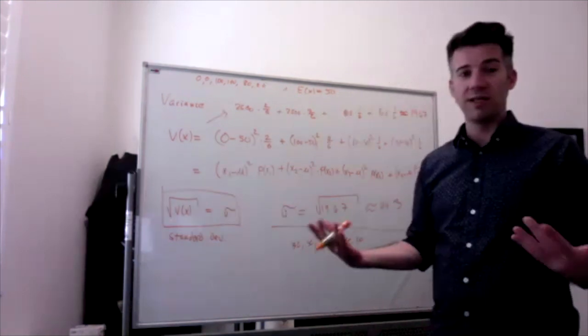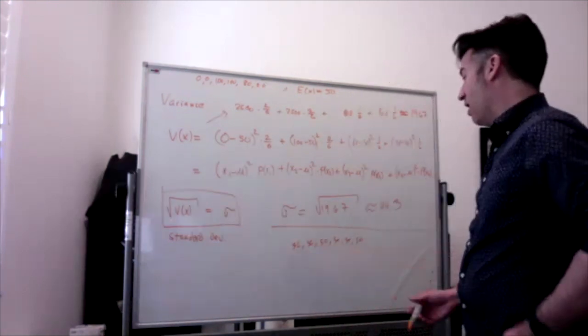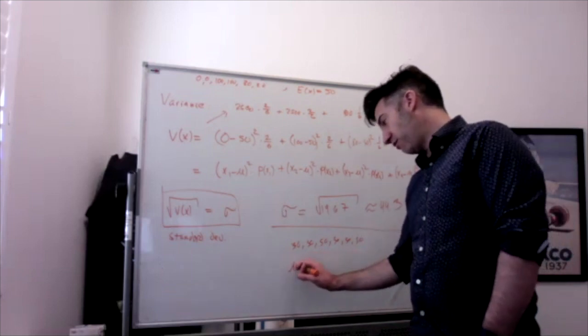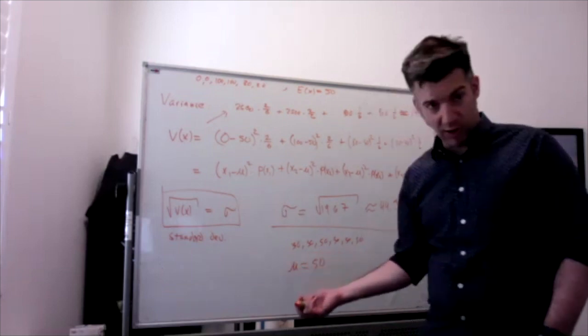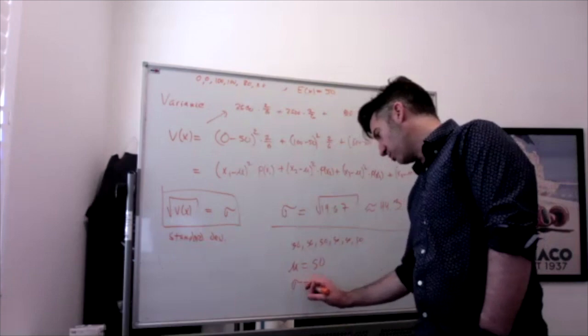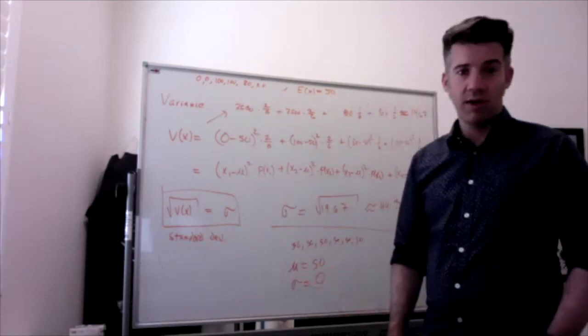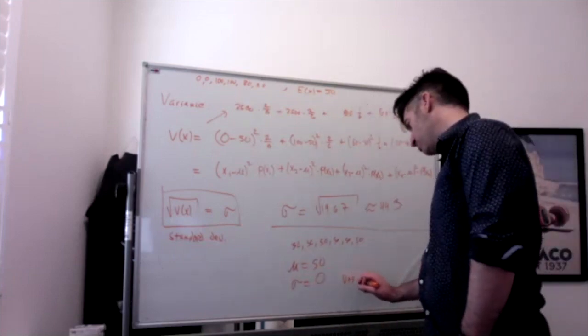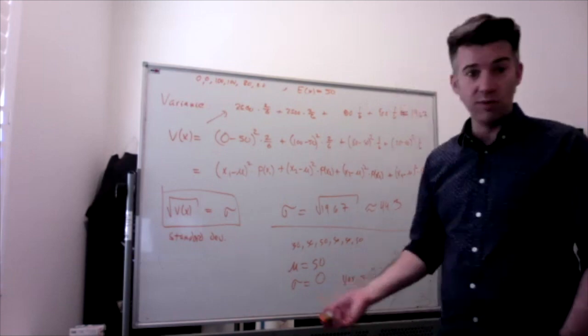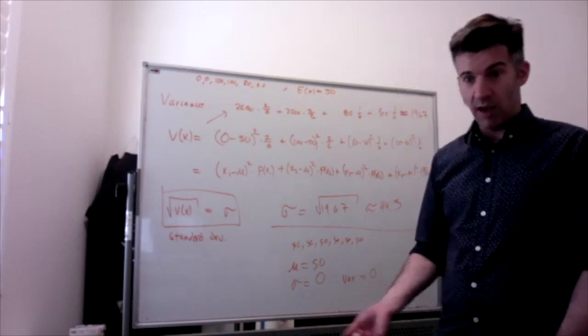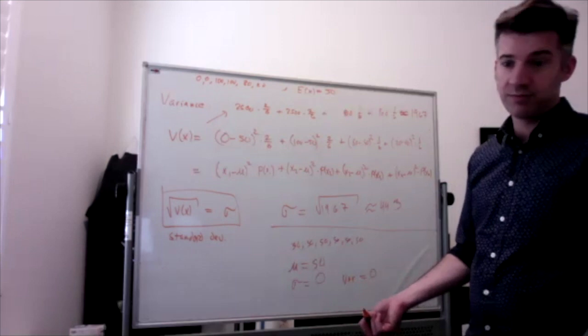Still, nobody totally didn't know anything when they took this test. Here, the average would be 50, big surprise. And the standard deviation would be 0. And the variance would also be 0, because there's no deviation from the mean. Everyone got the same exact score.